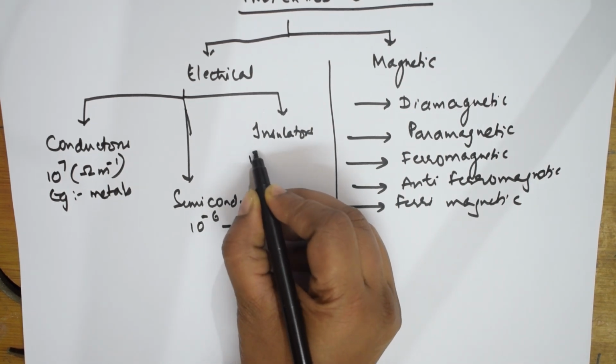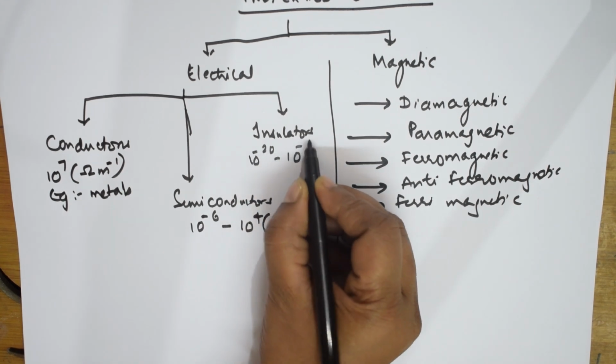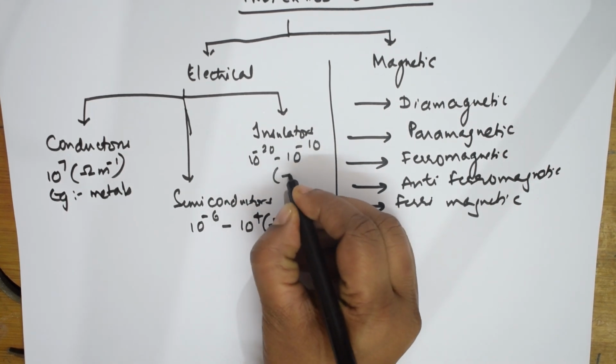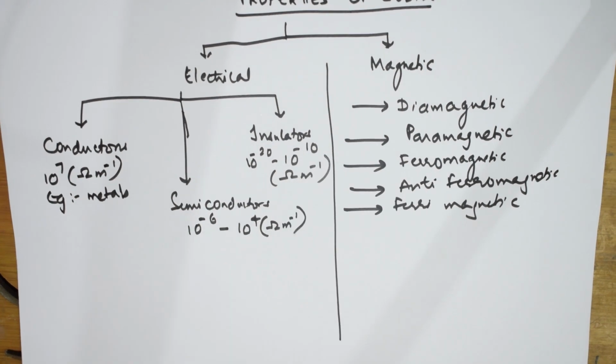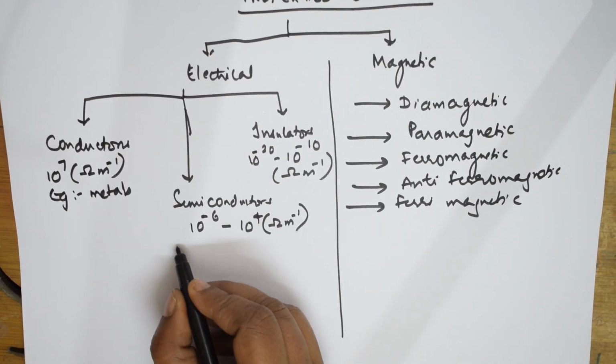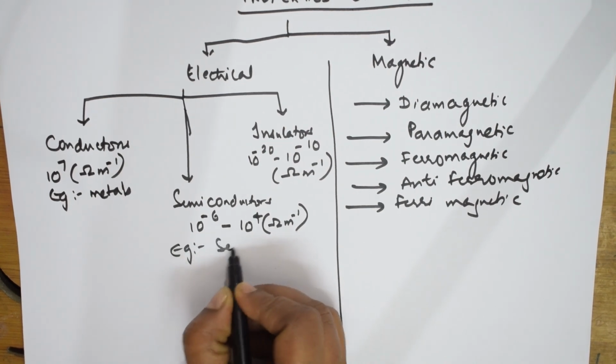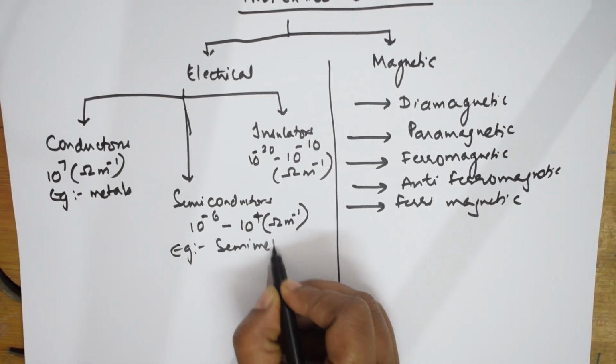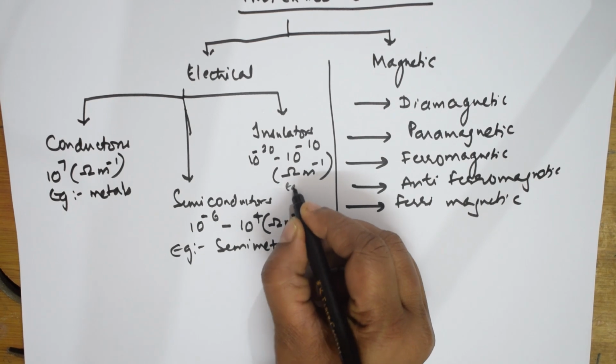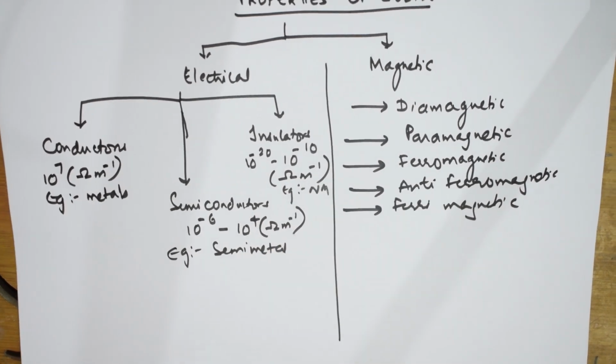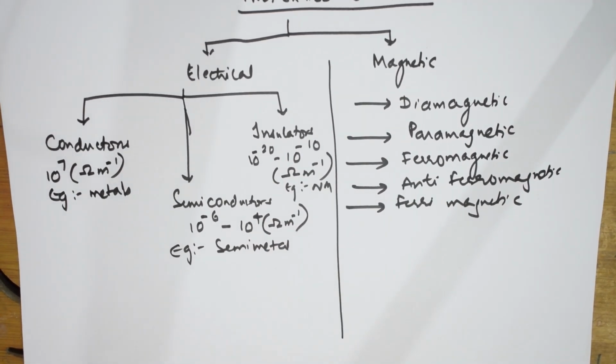How much is it? 10 to the power of minus 20 to 10 to the power of minus 10. So what is the unit? Ohm meter inverse. Done. So here semiconductors, example, semi-metals I can take. When I take insulators, examples are non-metals. Students, non-metals.